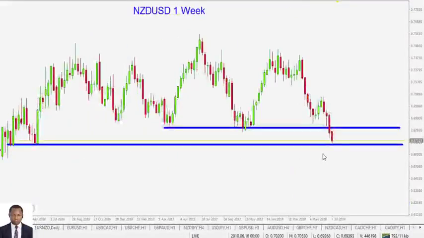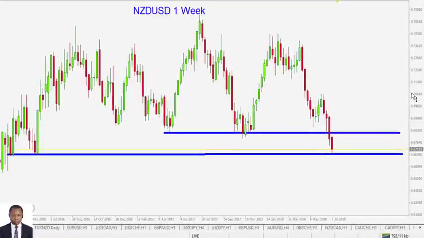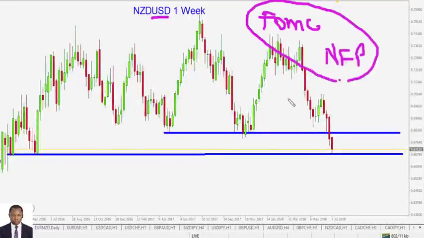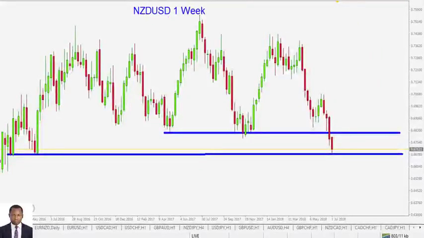All right, the New Zealand dollar against the American dollar. This is just another one I want to show you, where price is trading around a critical zone. Although this is an American dollar pair where the FOMC and the NFP heavyweight news announcements are scheduled for this week, we might not be trading anything here until those news announcements are released.